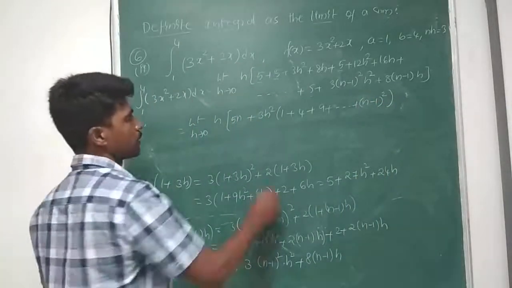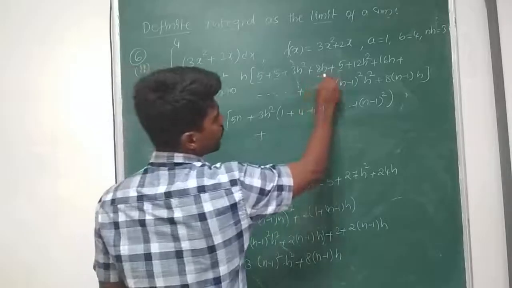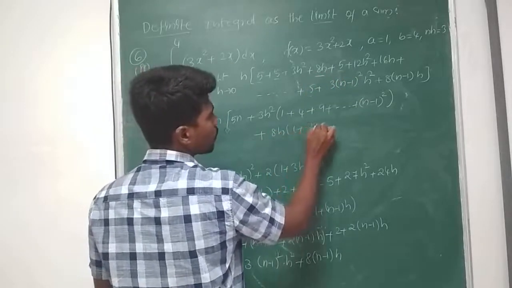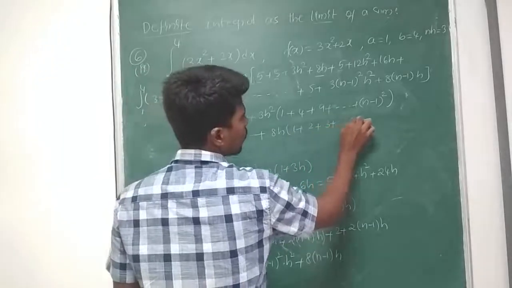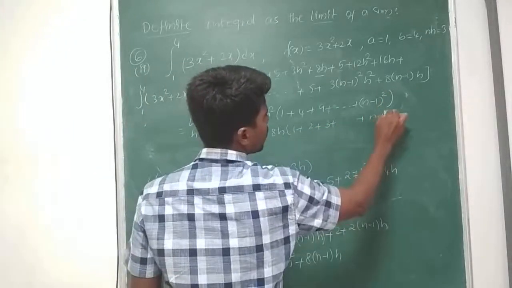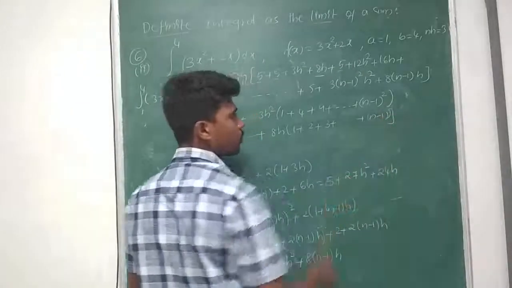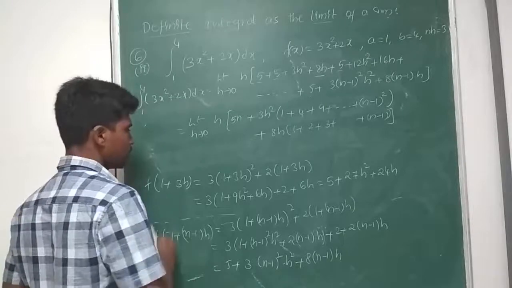Next, 8h, 16h. So I take 8h common, 1 plus 2 plus 3 plus and so on, up to n minus 1. Now start simplifying. Still we have to simplify.